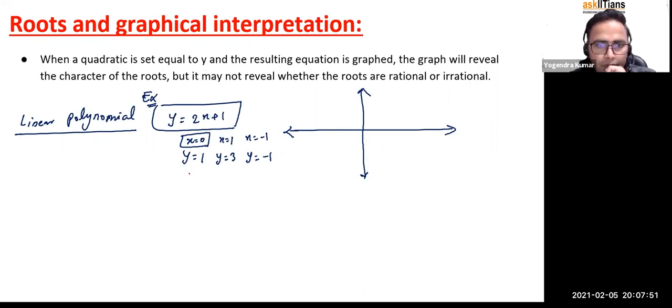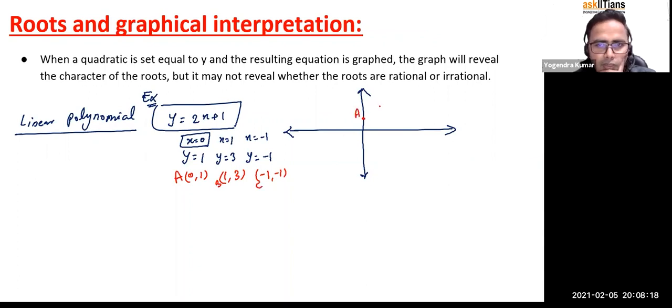So I have the point (0, 1), then (1, 3). You need to remember x coordinate and then y coordinate, abscissa and ordinate. This is the order we need to remember. Then (-1, -1). So (0, 1) is going to be here. This is my (0, 1) point. If I name them A, B, C, this is my A point.